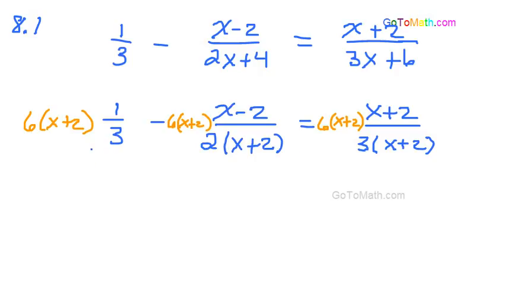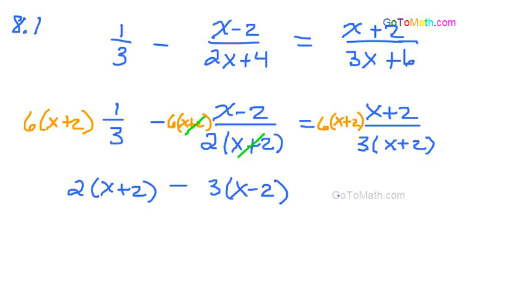Alright, so 3 goes into 6 2 times, and we're going to end up being left with 2 times (x plus 2) for this one, minus, and then 2 goes into 6 3 times, and of course as you can see here, the x plus 2's are going to cancel out, and we're going to be left with 3 times (x minus 2).